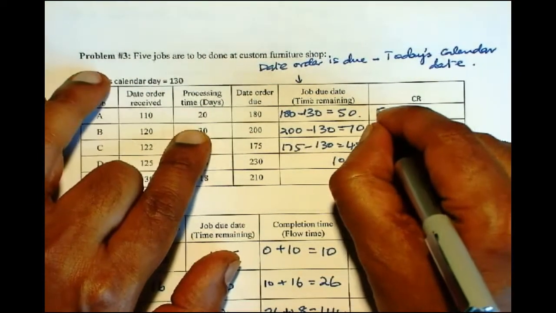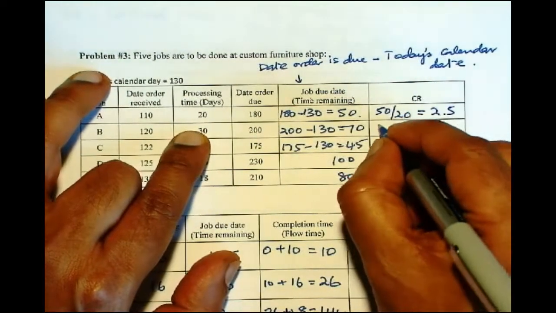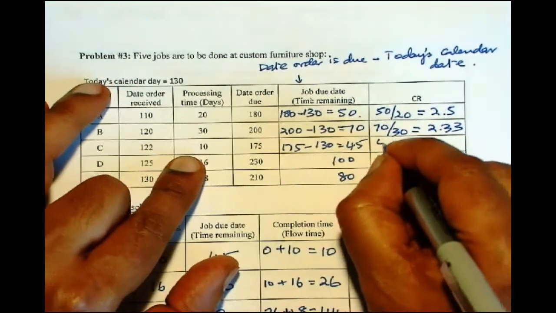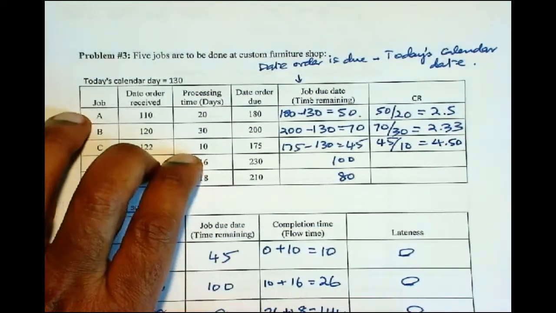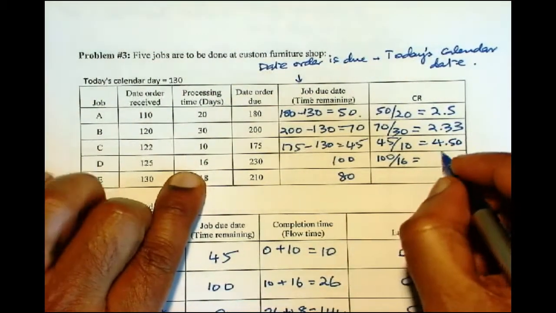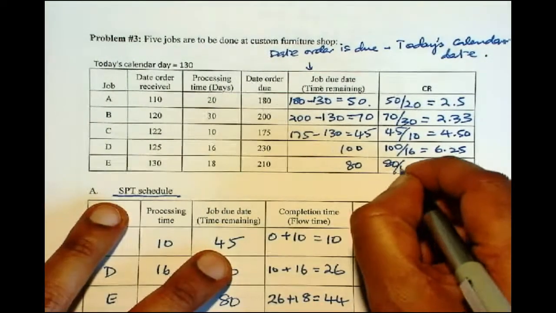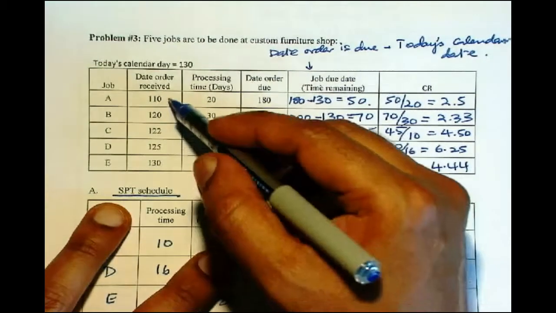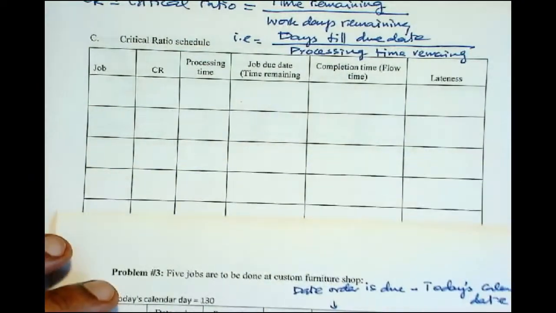So this will be 50 over 20, which gives you 2.5, and then 70 over 30 gives you 2.33, 45 over 10 gives you 4.5, then 100 over 16 gives you 6.25, then 80 over 18 gives you 4.44. So now we have to arrange the jobs according to CR. So let's do that now.